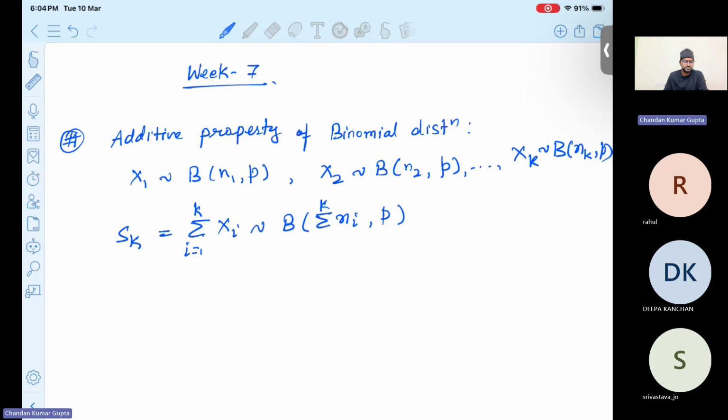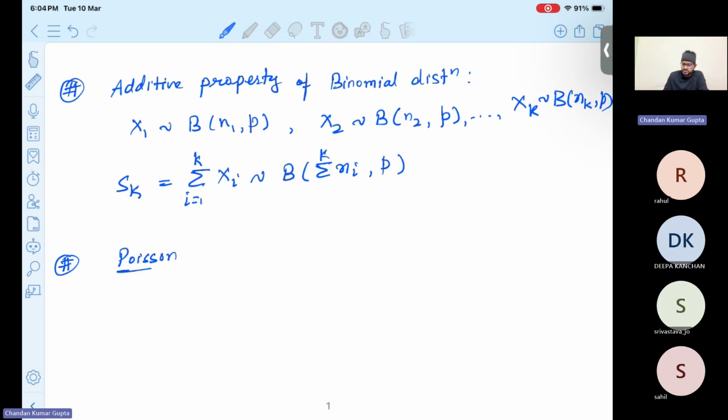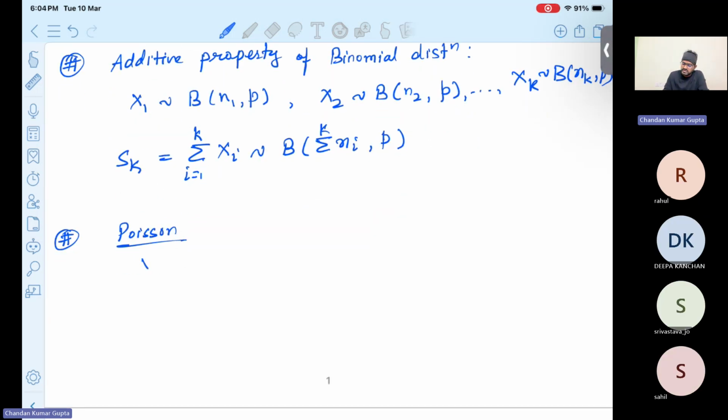In a similar manner, we have the Poisson variate. In Poisson, X1 follows Poisson(lambda 1), and Xk follows Poisson(lambda k).